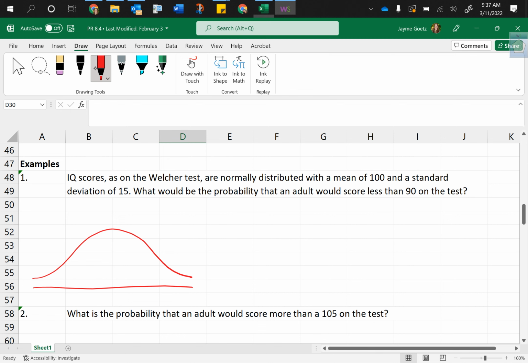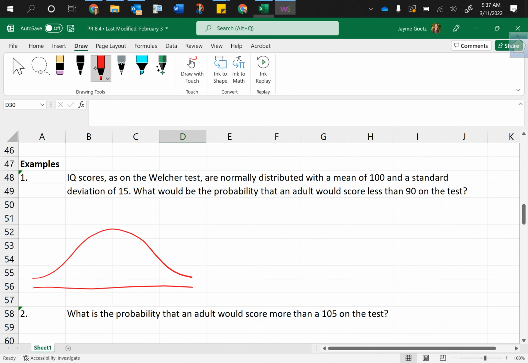IQ scores are normally distributed, but this is where it gets a little different than the last lesson. The last lesson we would always put 0 in the middle. Whatever goes in the middle is your mean. So here they tell me it has a mean of 100, okay, and a standard deviation of 15. If you would like, you can put 115, 130, 145, and then count down as well, but you do not have to do that. You are welcome to do that, but it is not required, okay?